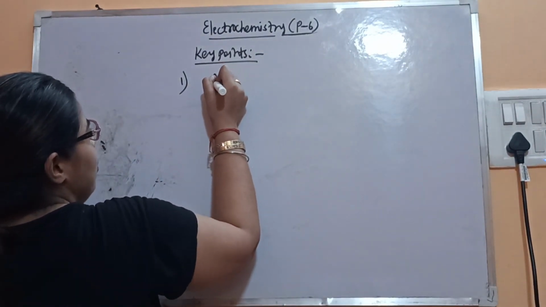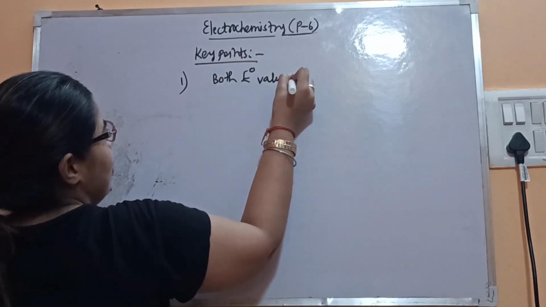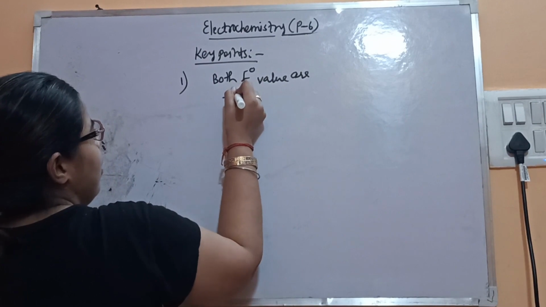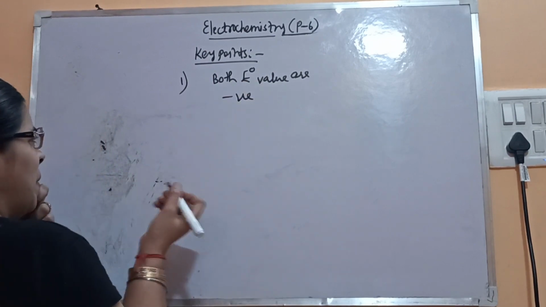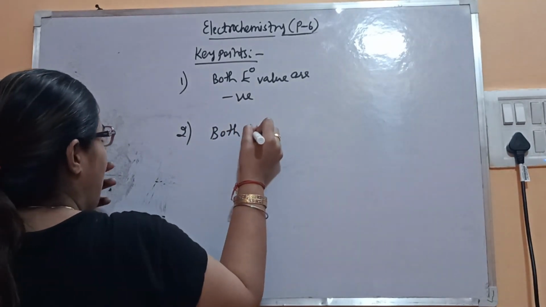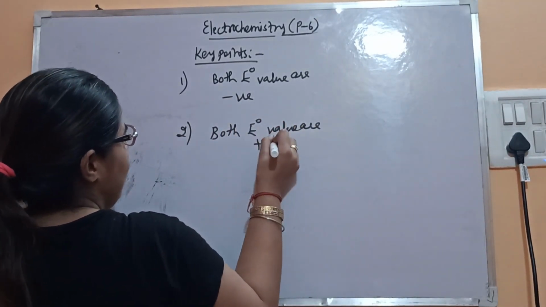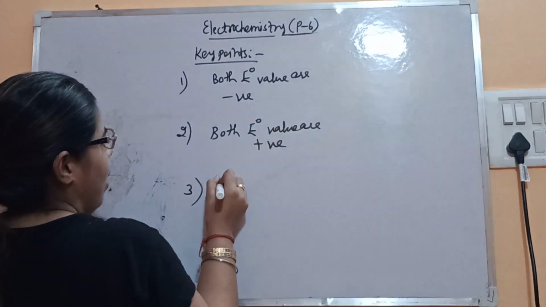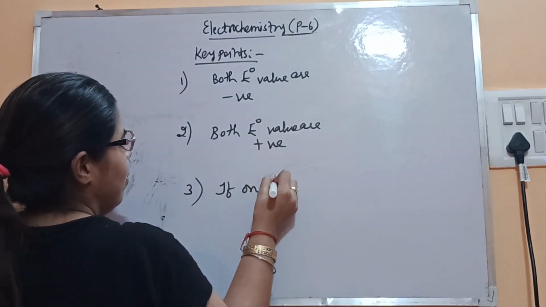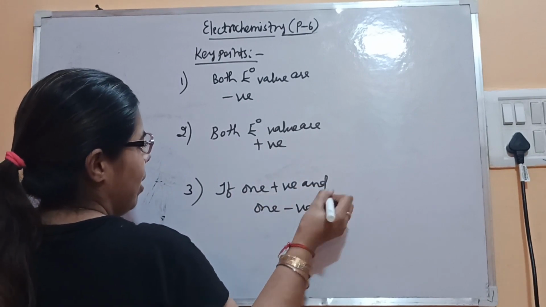If both E naught values are negative, then what will happen? If both E naught values are positive, then what will happen? And if one is positive and one is negative, then what will happen?